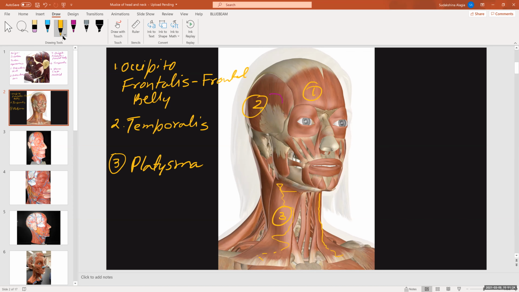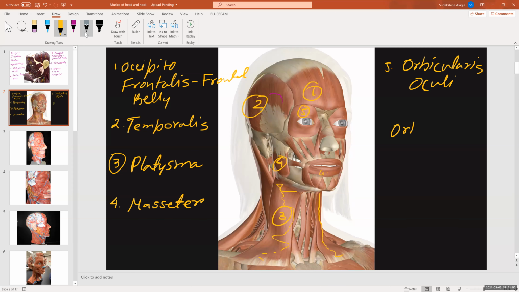Number four, we can also see masseter here. And of course, what we already studied, orbicularis oculi and orbicularis oris.